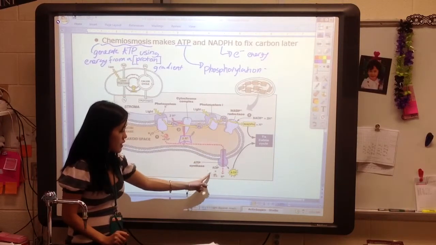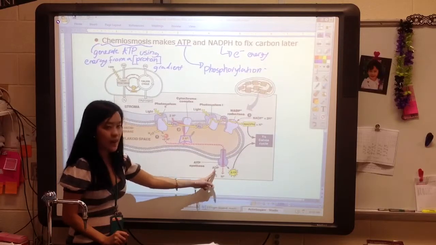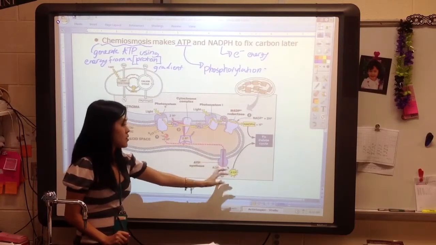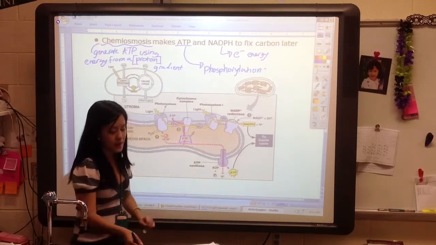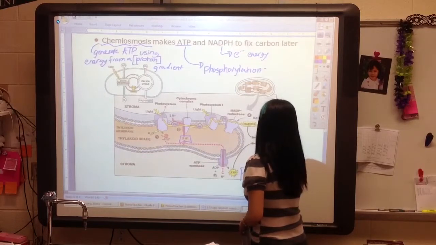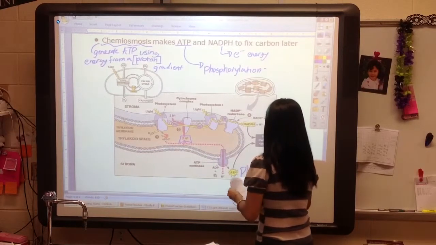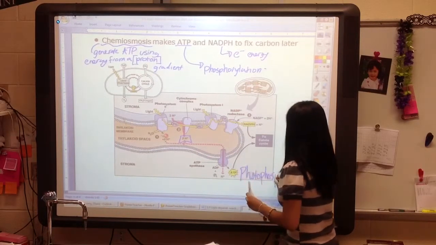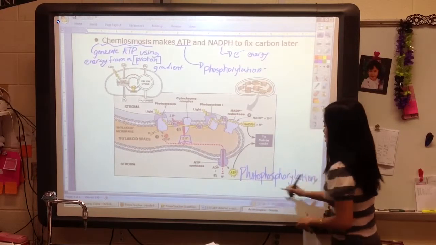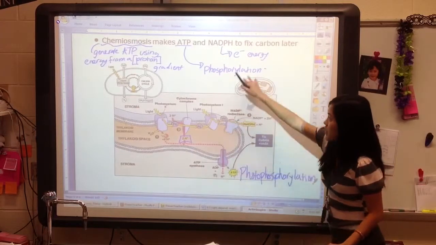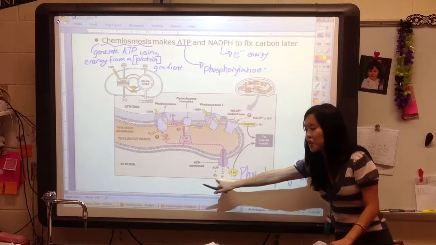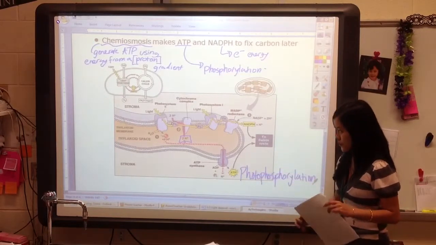Here's our inorganic phosphate and our ADP, and that will be converted through the turning of the mechanism to ATP. And so this is called photophosphorylation. Okay? We use light energy to phosphorylate this ADP, giving it that phosphate here to form ATP.